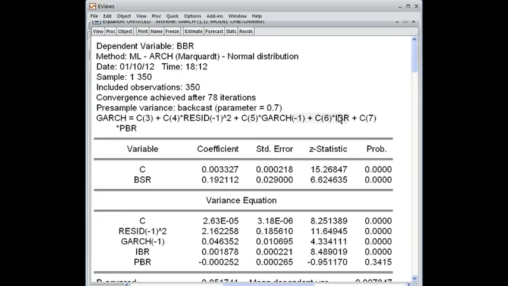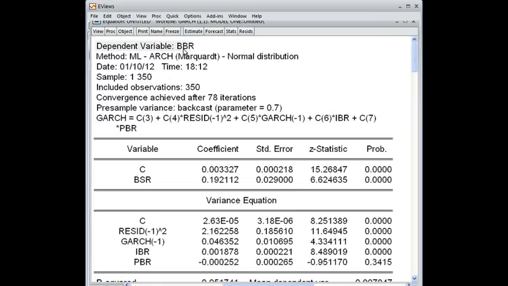But the volatility of IBR is an international shock that is influencing the volatility of the BBR.